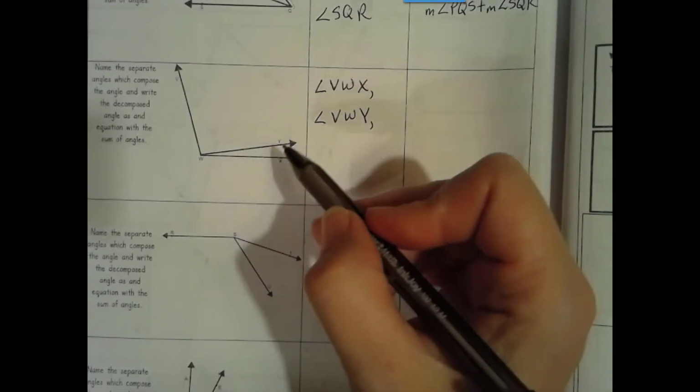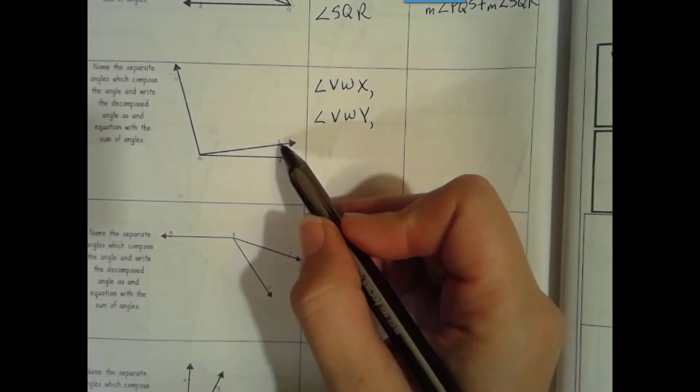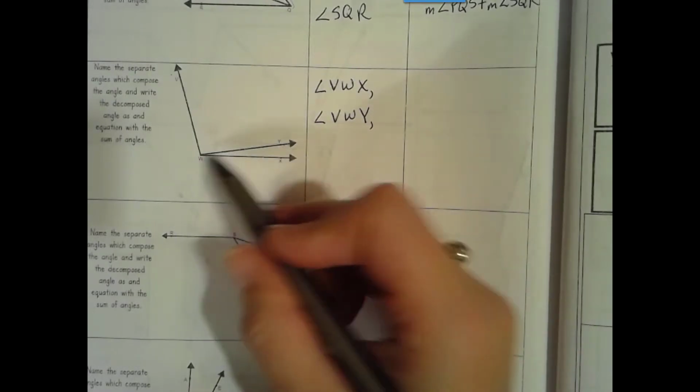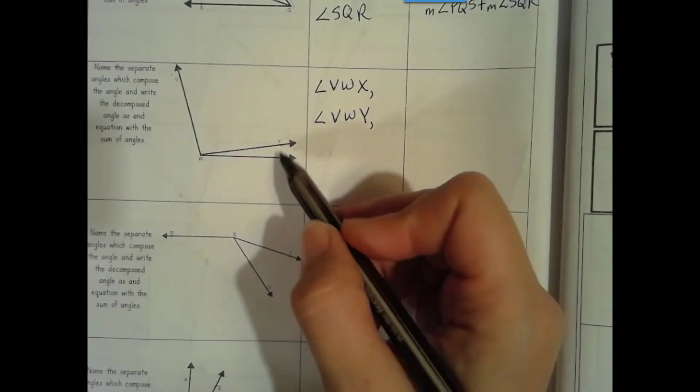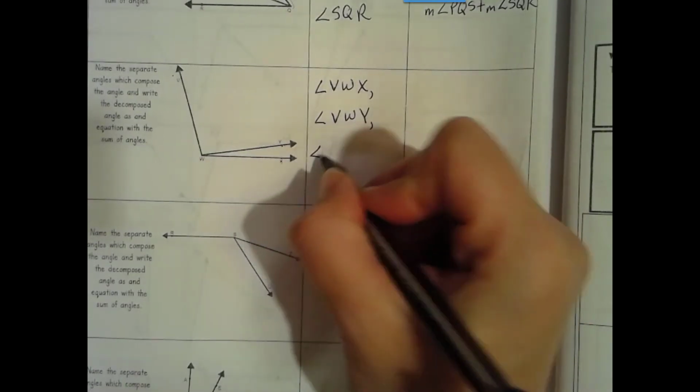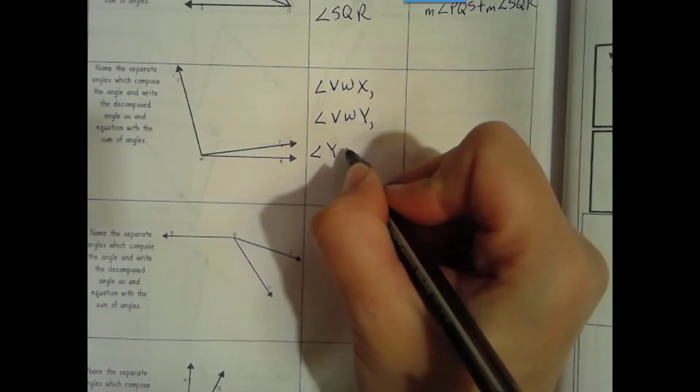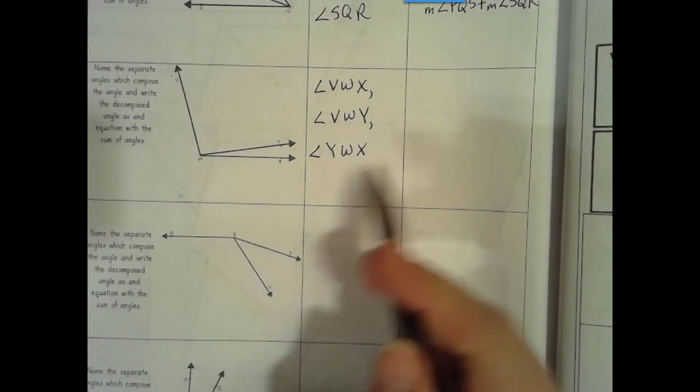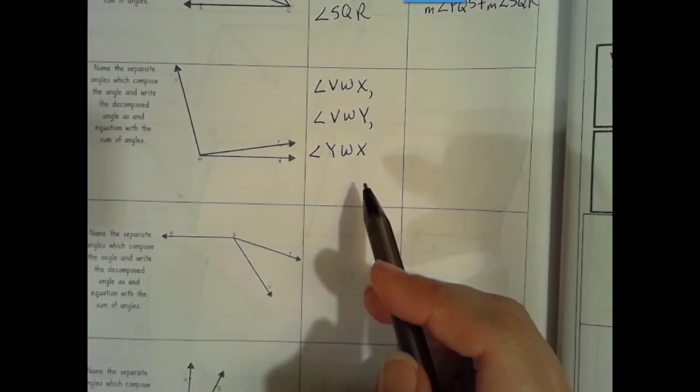And angle, or YWV, either way. Then angle YWX or XWY. And these are always capital letters when we're talking about points in geometry.